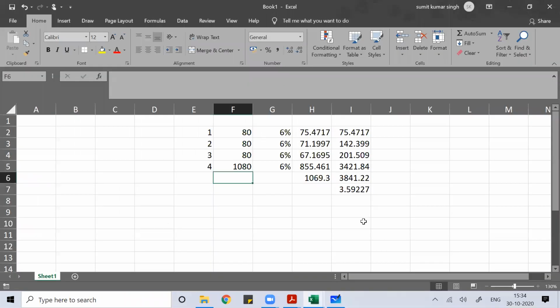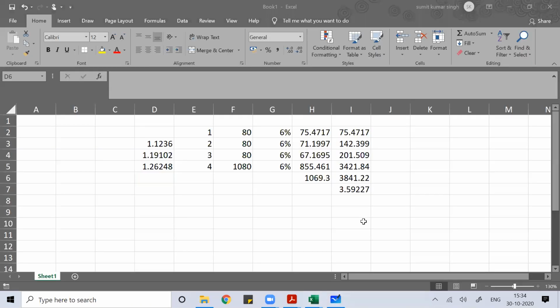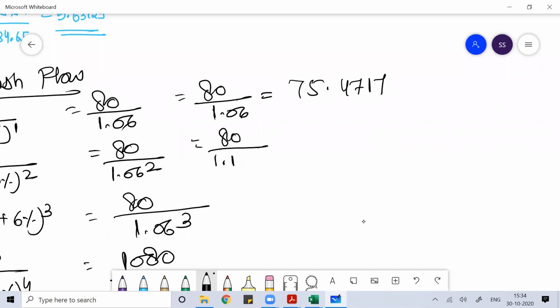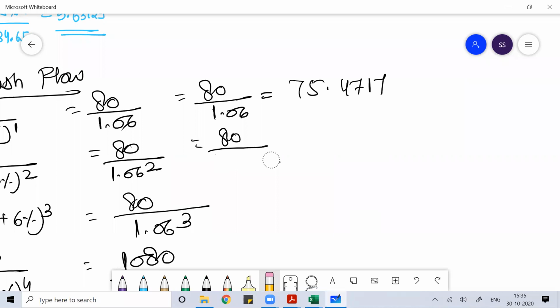What is 1.06 square? It should be 1.1236.